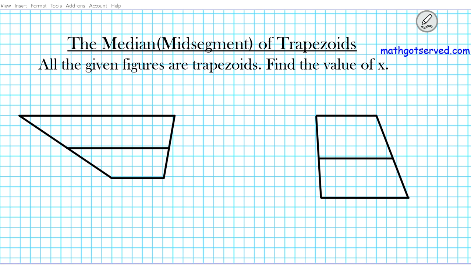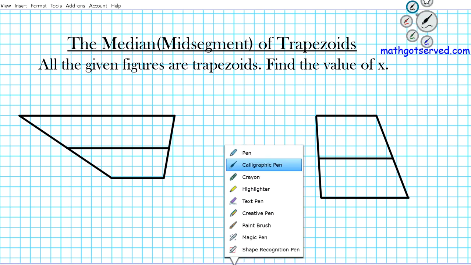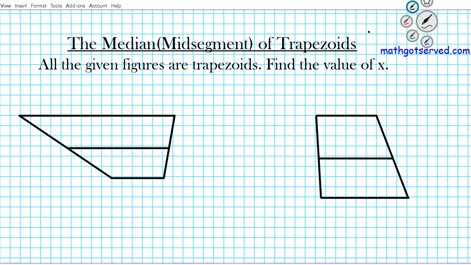Alright, let's take a look at some examples. Something to keep in mind is that all the quadrilaterals we're going to be presenting today are trapezoids. So let's take a look at question number 1. We're to find x.